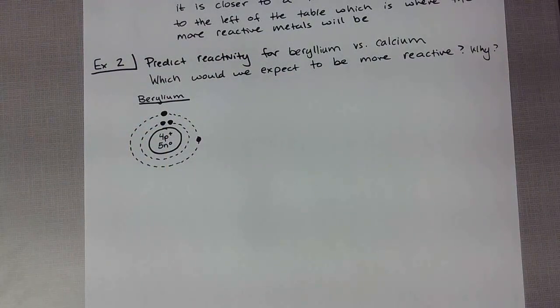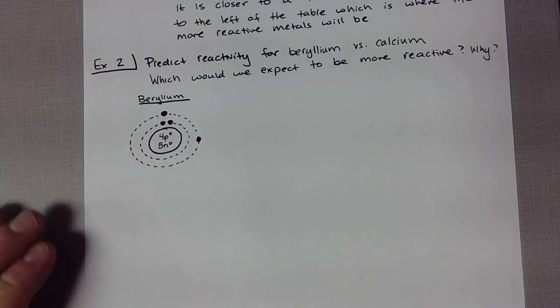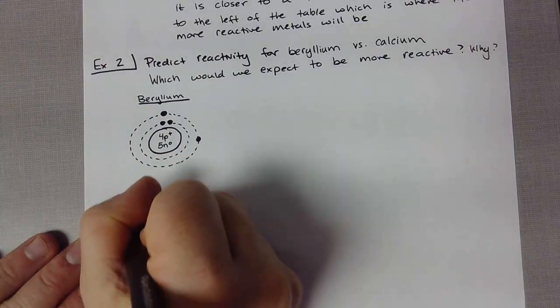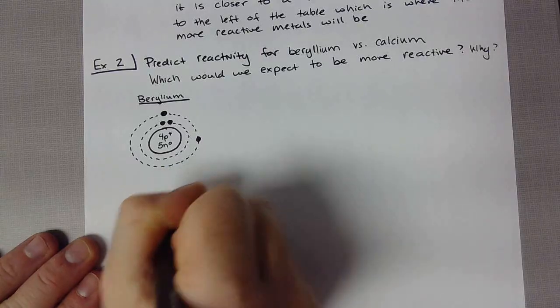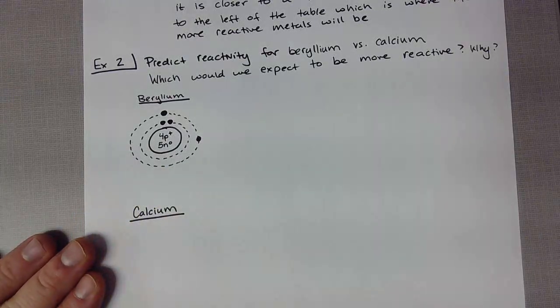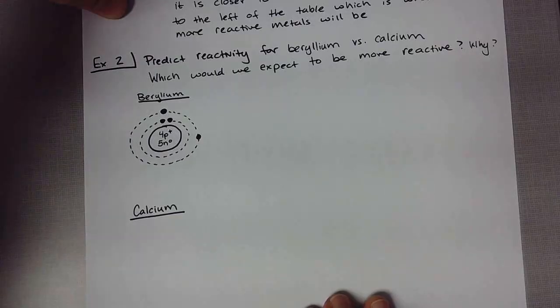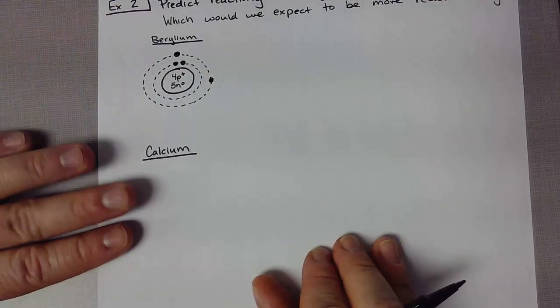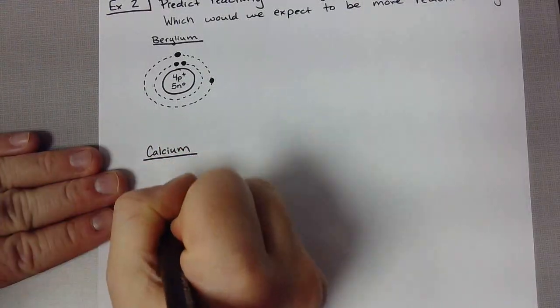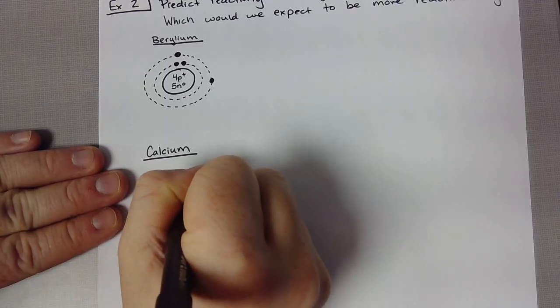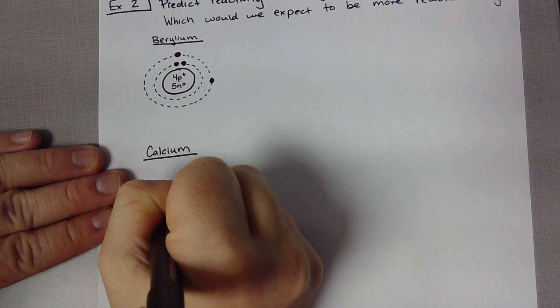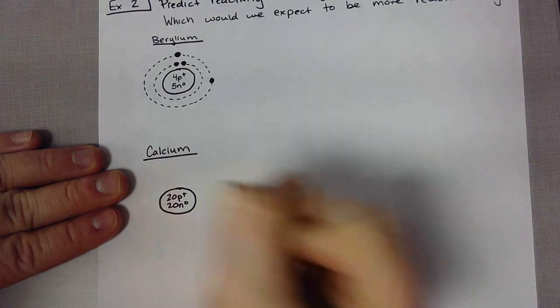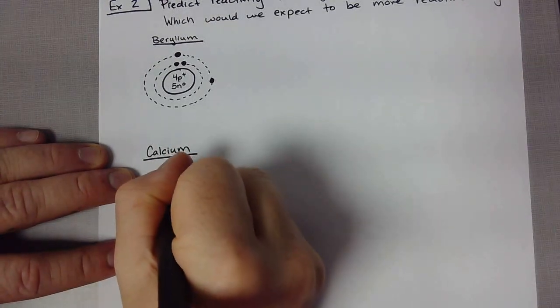When we draw calcium, I'm going to have a much bigger model. I'm going to have 20 protons in my nucleus and 20 neutrons. And instead of 2 rings, I'm going to have 4.